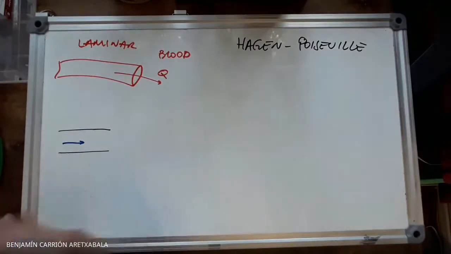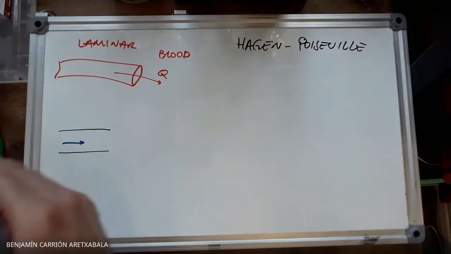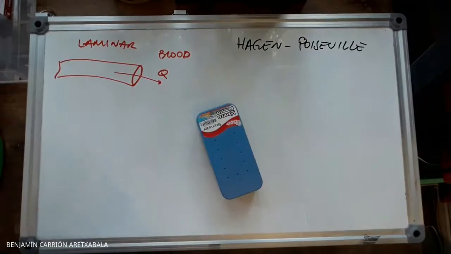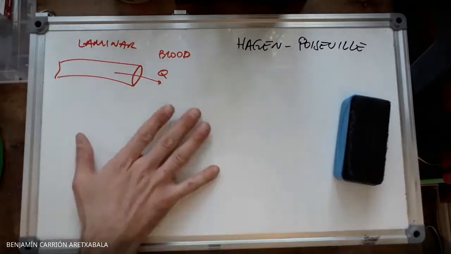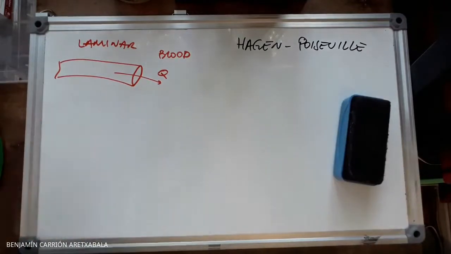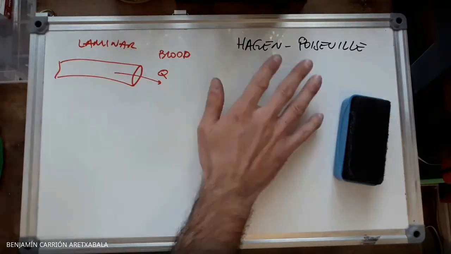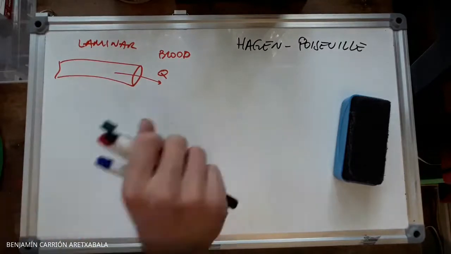Otherwise, they're just impossible to integrate, not numerically, but analytically. Okay. So what we're gonna do now is first take a break of 10 minutes, and then when we come back, we're gonna try to derive the Hagen-Poiseuille equation for laminar flow in a blood vessel. Okay. See you in 10 minutes.